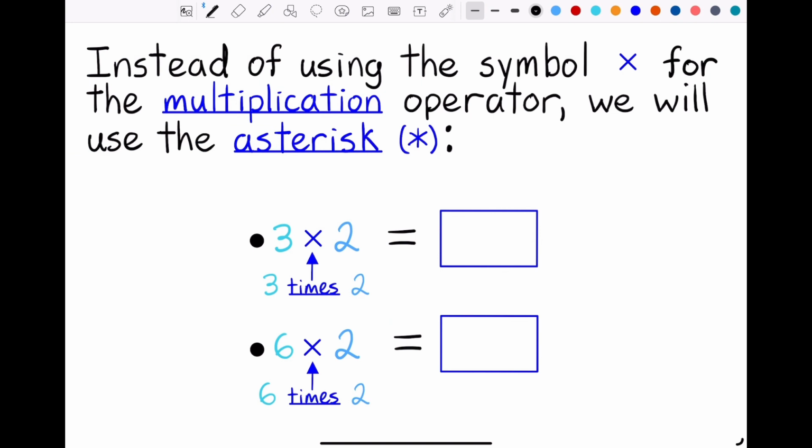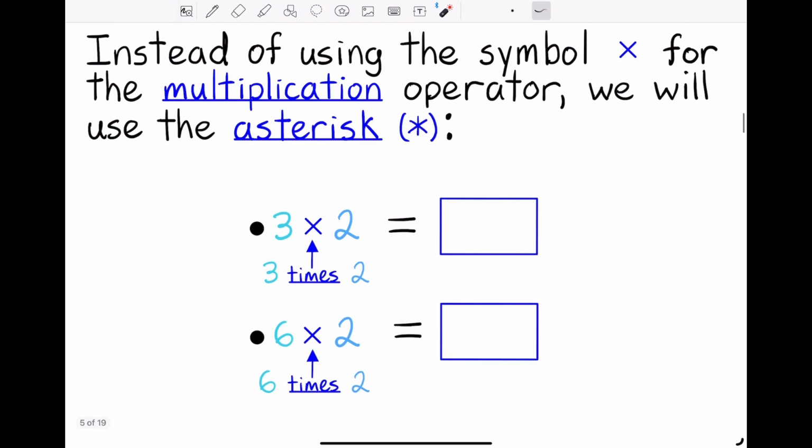Let's talk about how we're going to write the multiplication operator. A lot of us began using the multiplication sign when we first learned multiplication. However, as we do more operations with variables, particularly multiplication, the multiplication sign can be confused with the most common variable, which is x. So we want to rewrite this operator so it's clear in many situations. As an example, let's go down to our 3 times 2 and 6 times 2.